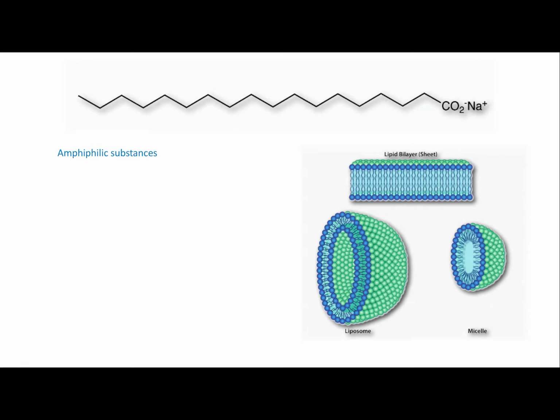So here you have a soap molecule, this COO minus. If you remember our organic chemistry or just our Lewis structures, we've got a carbonyl carbon, C double bond O, and then we've got a negative charge on this oxygen here, because this is the carboxylate ion of our salt, of our acid.